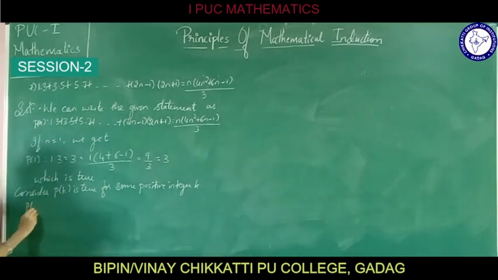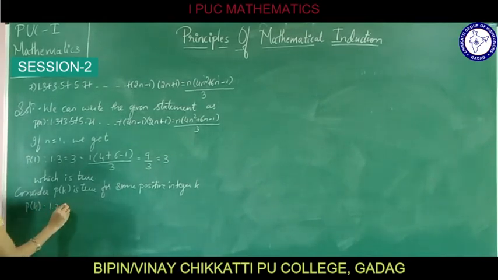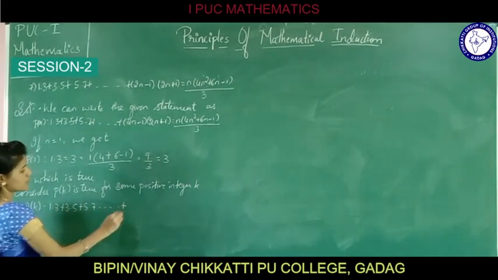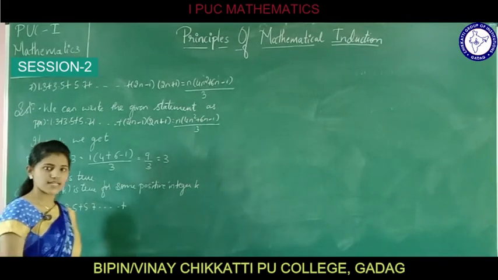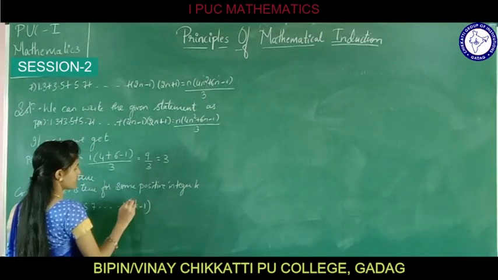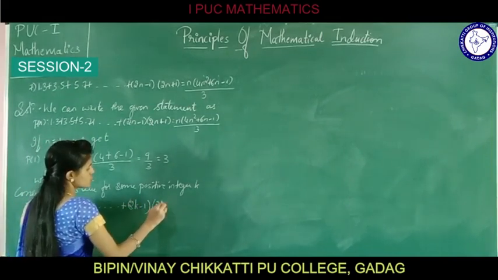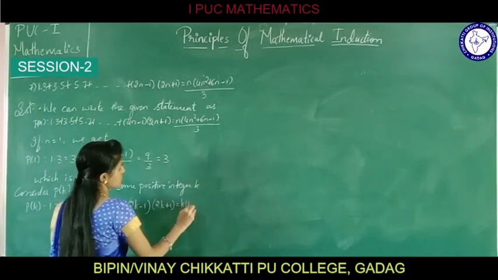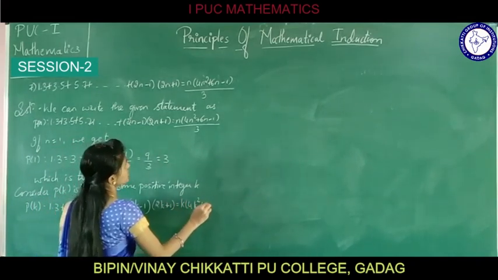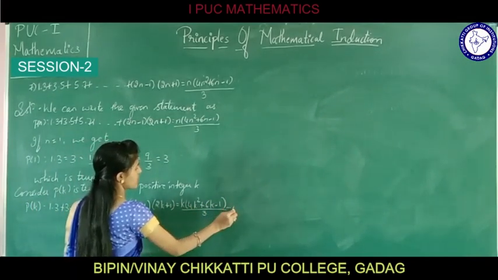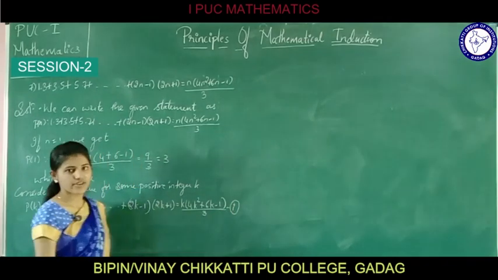P of k such that 1 into 3 plus 3 into 5 plus 5 into 7 so on up to, in place of n write down k, 2k minus 1 into 2k plus 1 is equal to k into 4k square plus 6k minus 1 divided by 3. Consider this as equation 1.